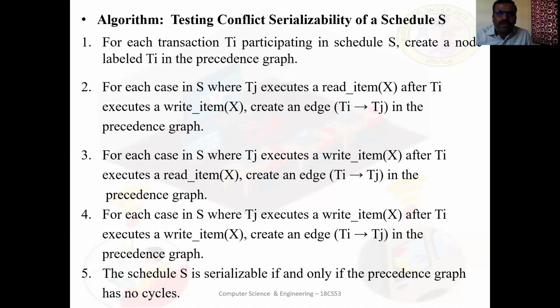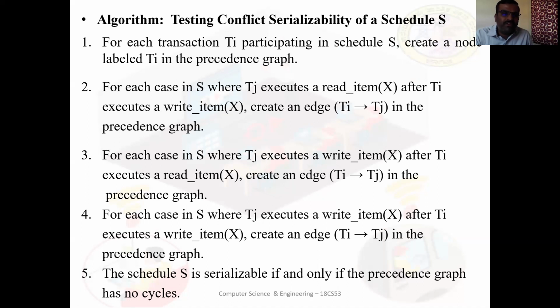The first step of the algorithm is, for each transaction Ti participating in schedule S, create a node labeled Ti in the precedence graph.